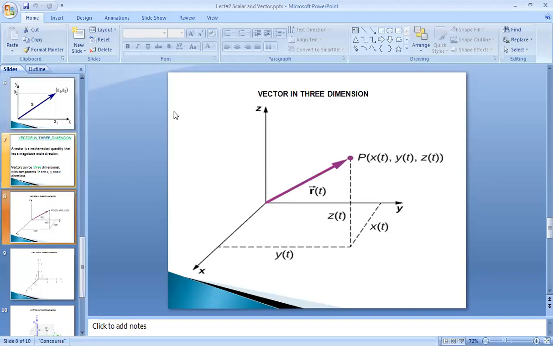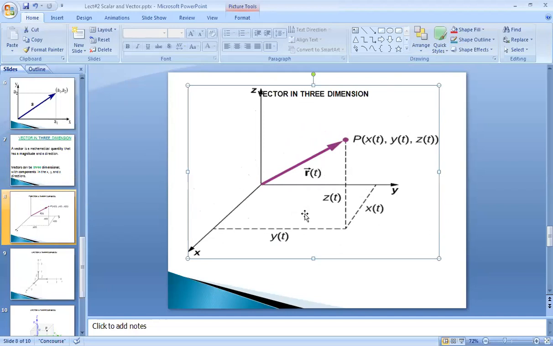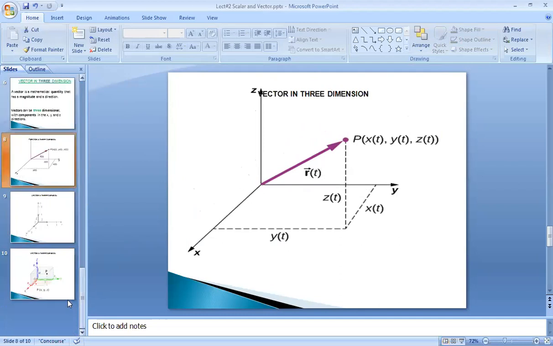You can see the x, y, and z axes in three dimensions, and the position vector P is shown by this violet color, with x, y, and z very clearly shown. For a three-dimensional vector you need three axes.